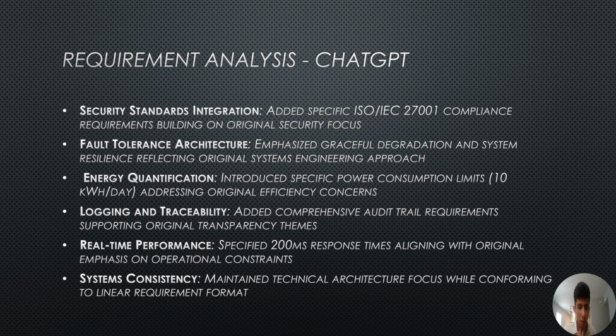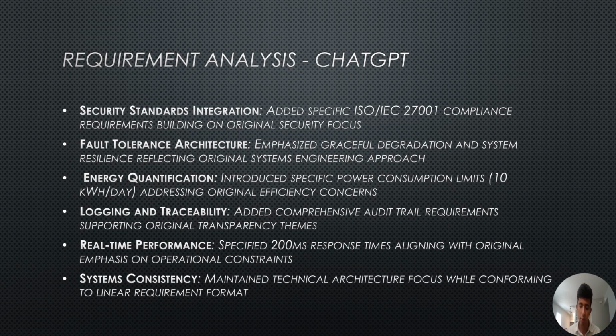Another thing which I found interesting was coherent systems thinking: requirements are interlinked into mutually reinforcing systems. They are mutually reinforcing each other, and this kind of synergy is very important when we give some kind of requirement analysis or requirements.